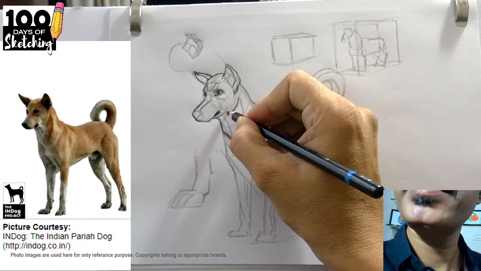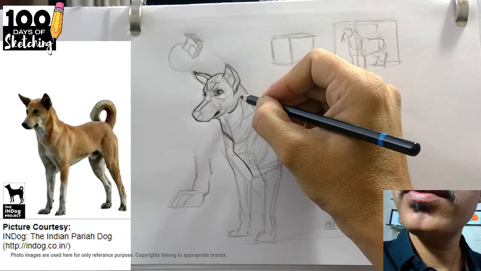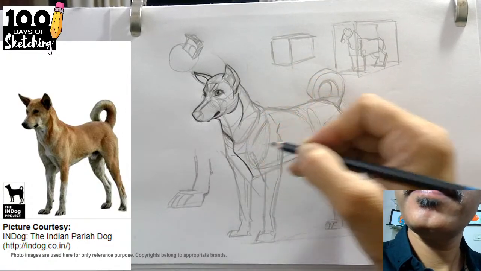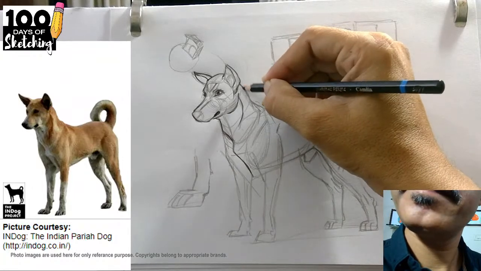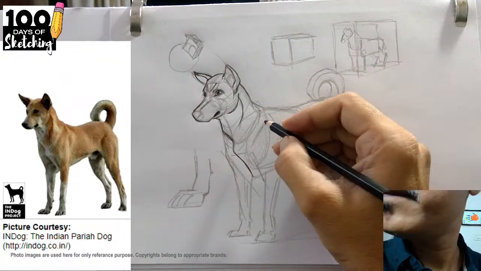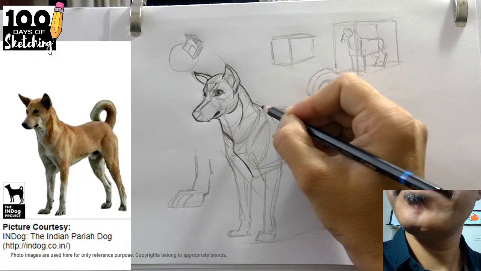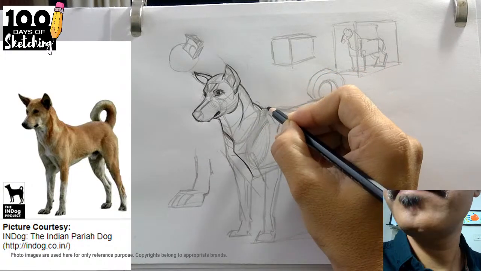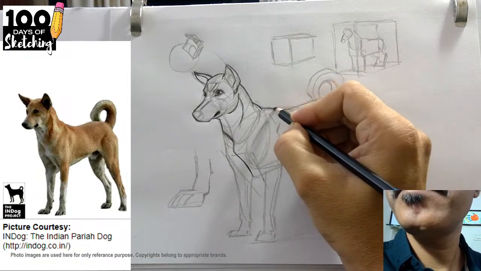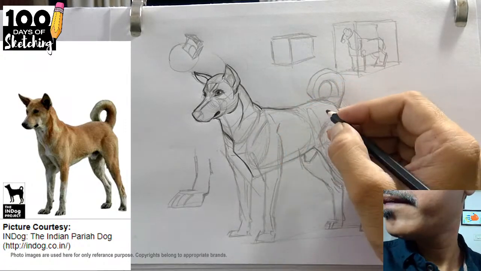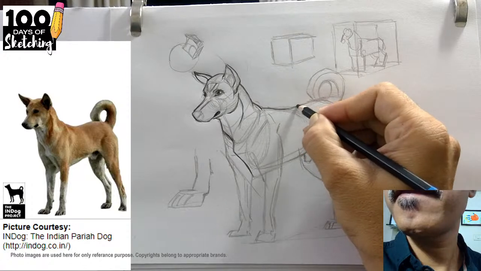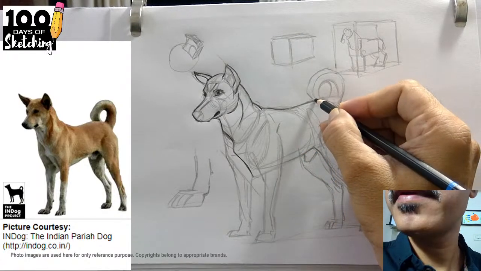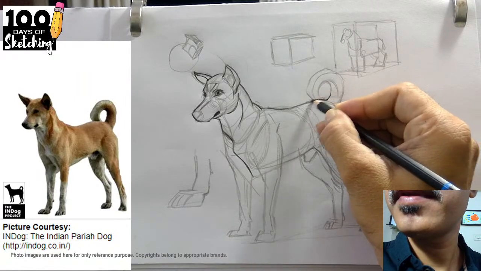So I'm just darkening some of the lines which can give a nice feature to that.